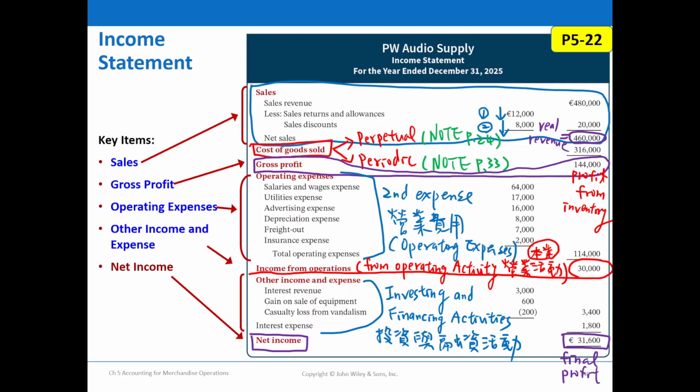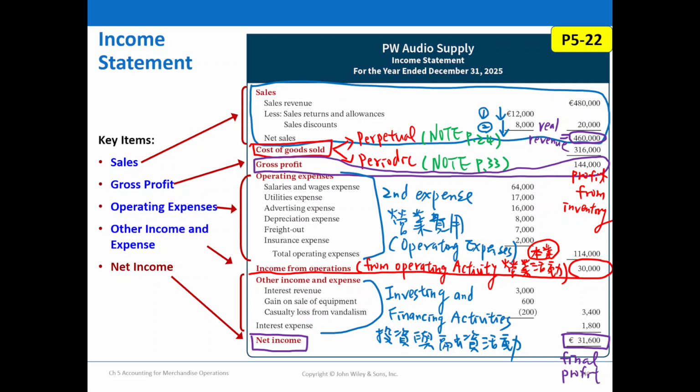remember, when we prepare our first financial statement, the Statement of Comprehensive Income, 综合损益表, is it the complete information already? We stop here at net income. Remember, when you end with net income, it's not a complete statement.